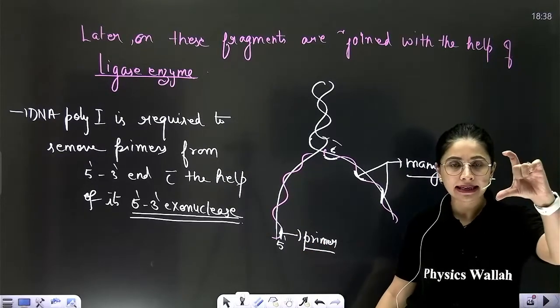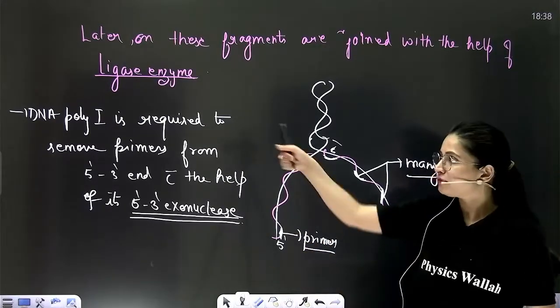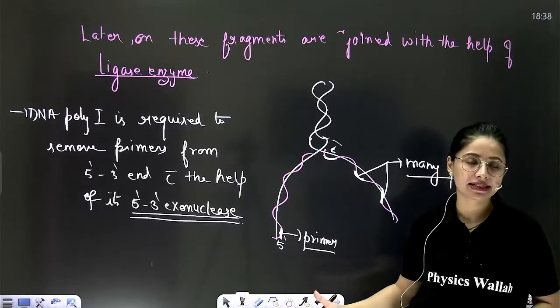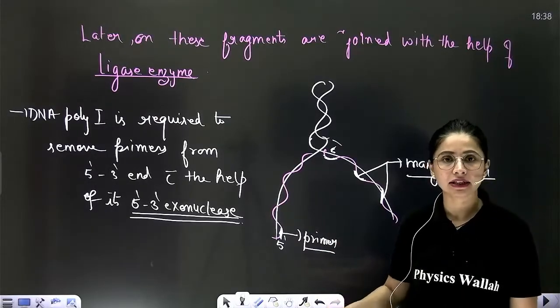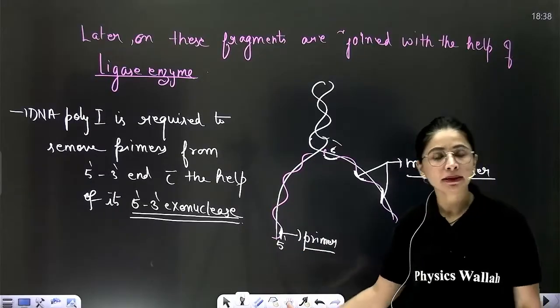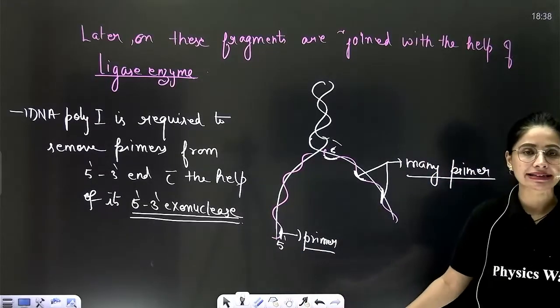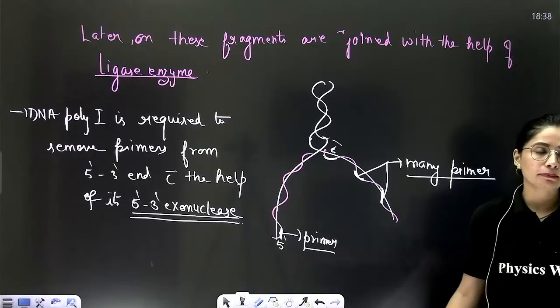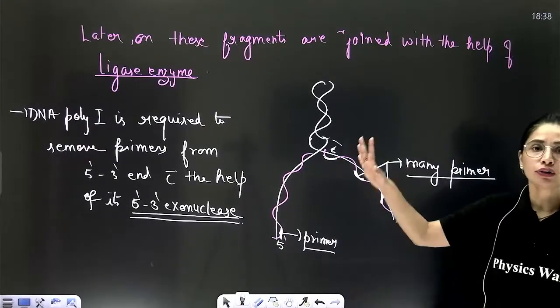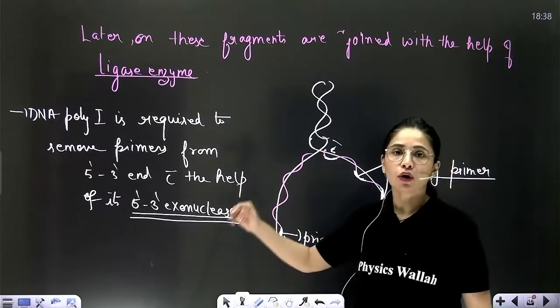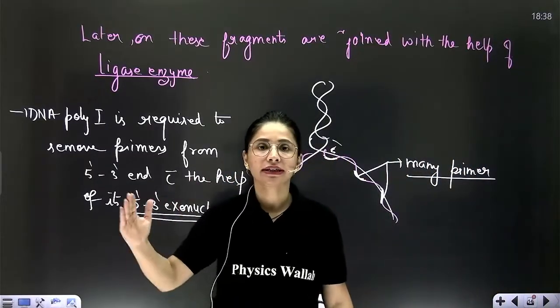A gap will be created. Those gaps will be filled by DNA polymerase 1 itself using its 5' to 3' polymerase activity. A new strand complementary to the parent strand will be synthesized, and thus DNA replication will be completed. So this is how the whole mechanism of DNA replication takes place.